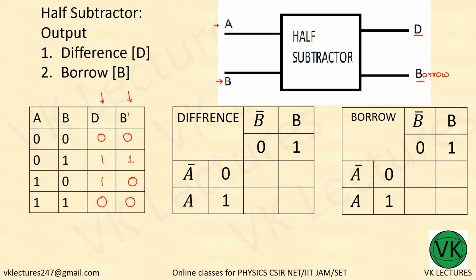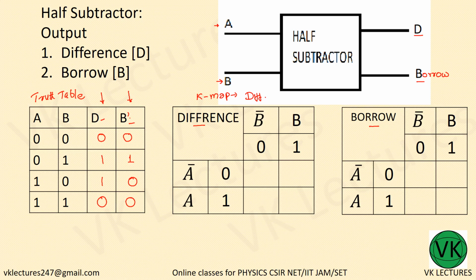Now you have two outputs, D and B, that is the difference and the borrow. You can construct the K-map. You have already constructed the truth table here. Now this is the K-map corresponding to the difference.